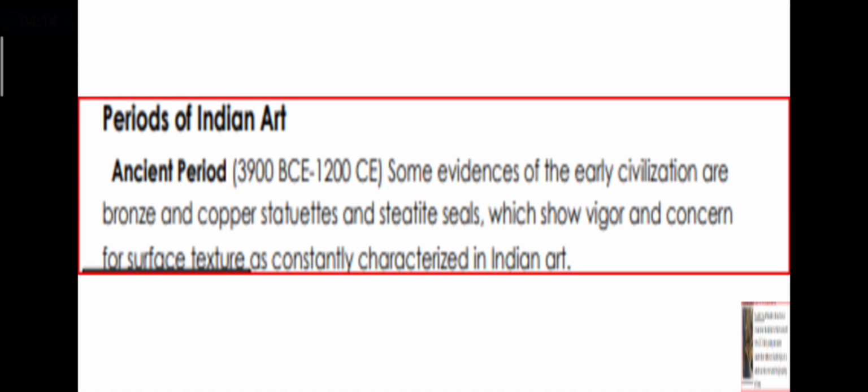Let's talk about the periods of Indian art. In the ancient period, some evidences of the early civilization are bronze and copper statues, which show vigor and concern for surface texture, as constantly characterized in Indian art.